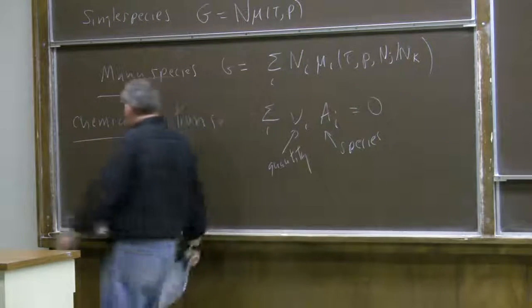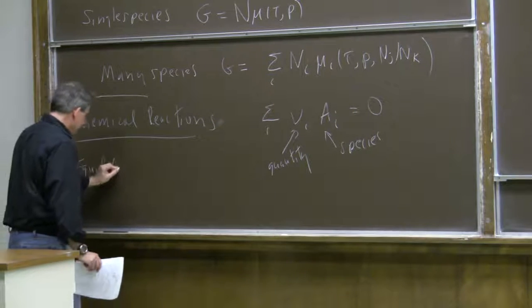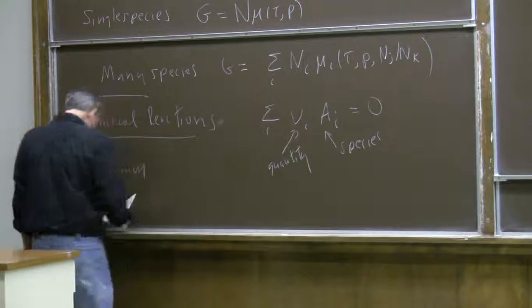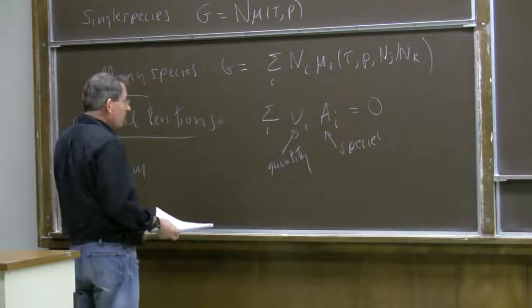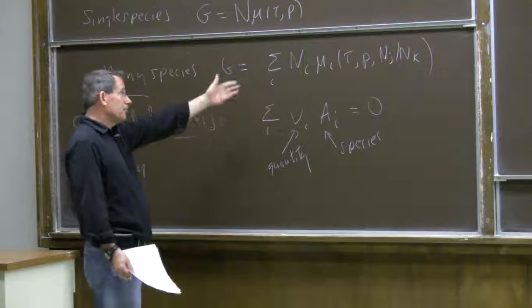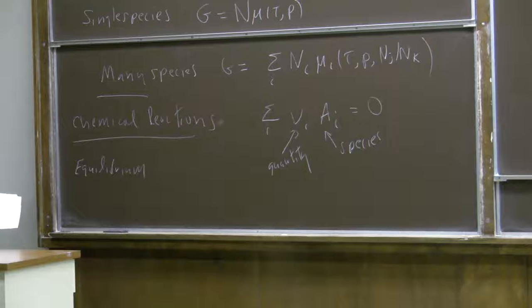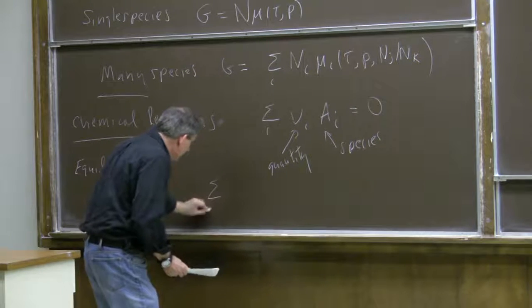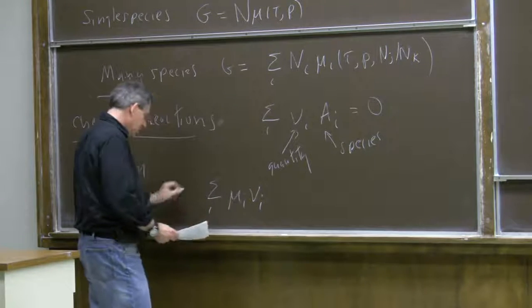And that means in chemical equilibrium, the requirement that the Gibbs free energy is at its minimum subject to the constraint on the different numbers of particles for the different species, which is imposed by the chemical equation, can be written as the sum over species of the chemical potential of species i times nu i equal to 0.